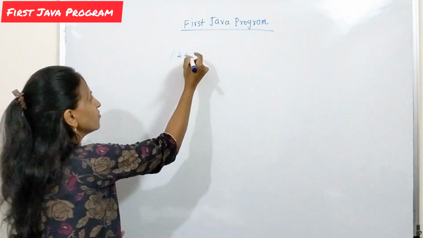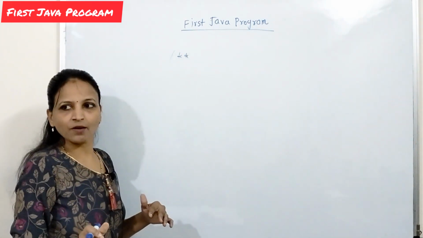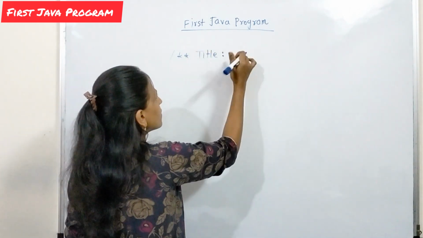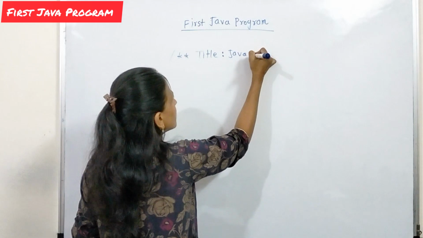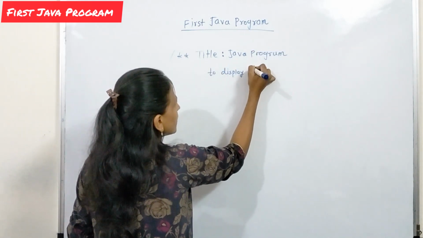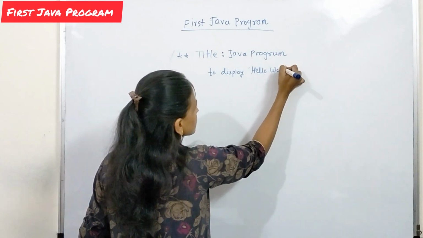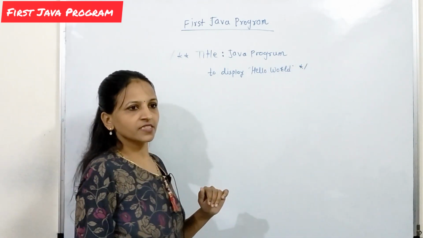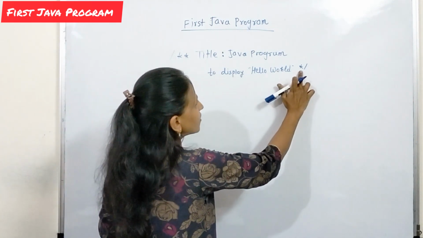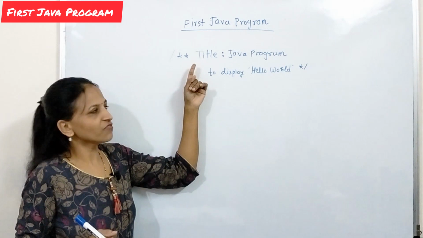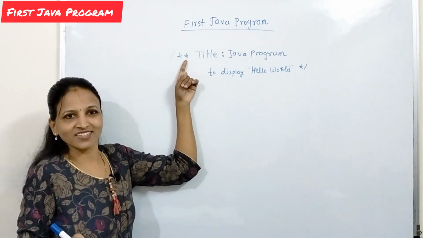Here we can write just a title of that program. Title is: Java program to display hello world. That's it. Closing is just like multi-line comment style. There is only one change, that you have to put one more star here.